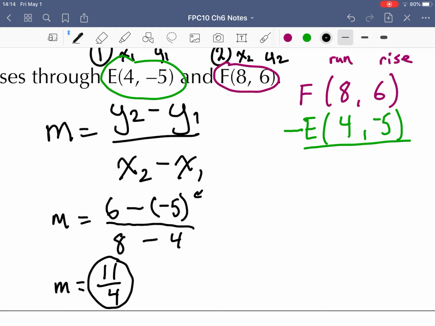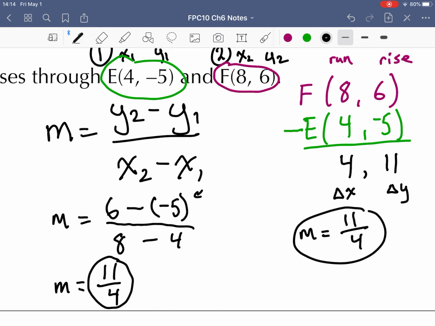So we subtract this. 6 subtract negative 5 is 11. And 8 subtract 4 is 4. So this 4 is our change in x. This 11 is our change in y. So our slope is equal to 11 over 4. We get the same result doing it this way.